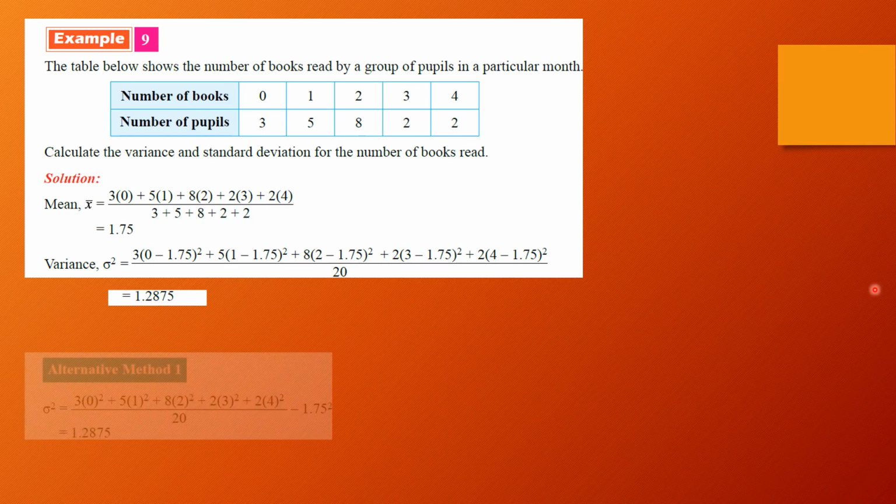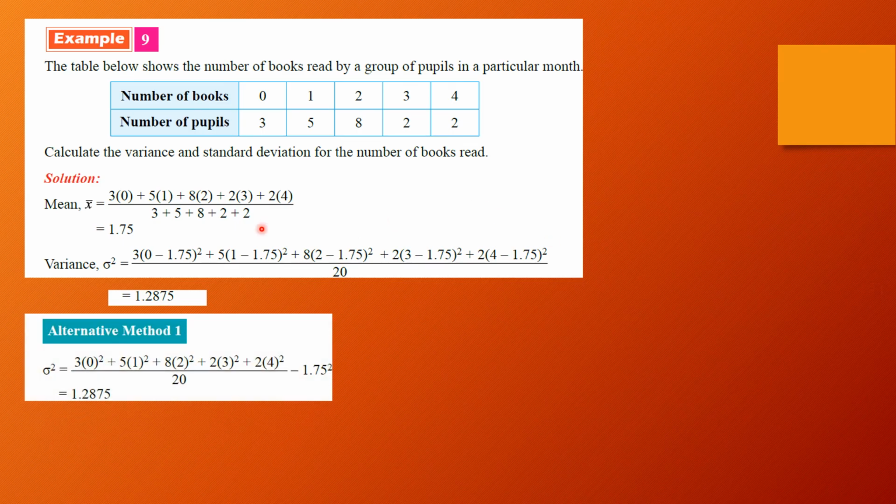You also can use another alternative method. That is you use 3 times 0 square, 5 times 1 square. That means 3, 5, 8, 2, 2 is the frequency, number of pupils, and you square the number of books.